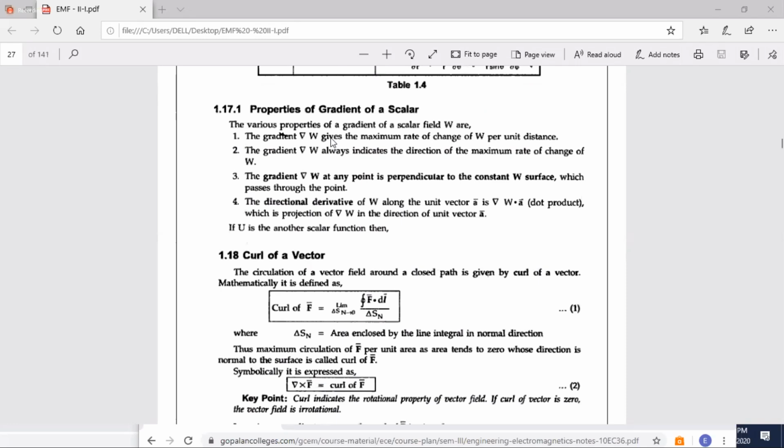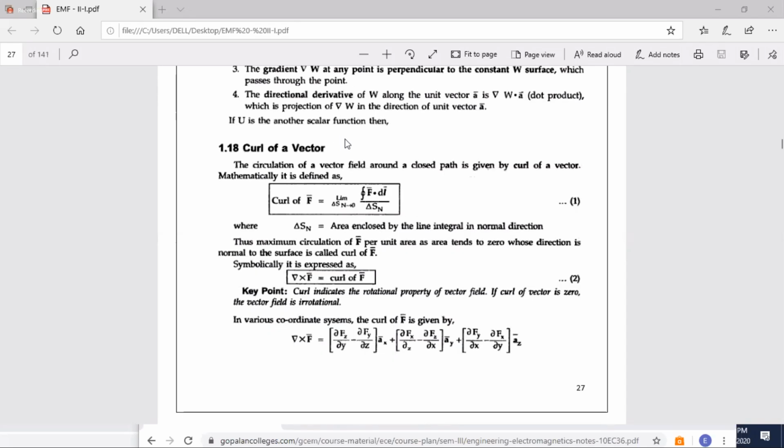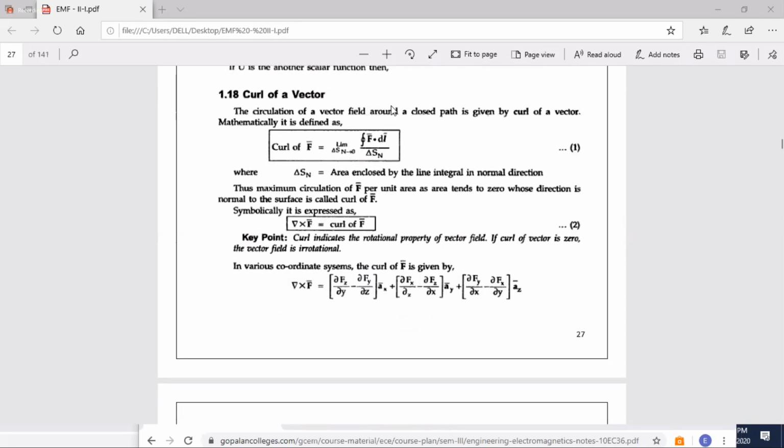All right. And the last one I want to introduce to you is what we call the curl of a vector.